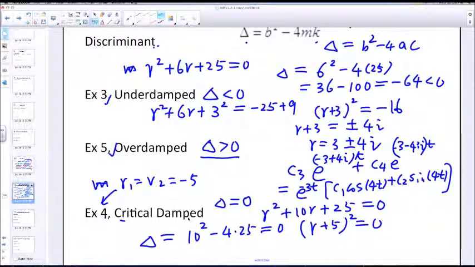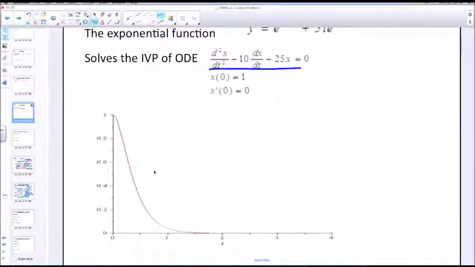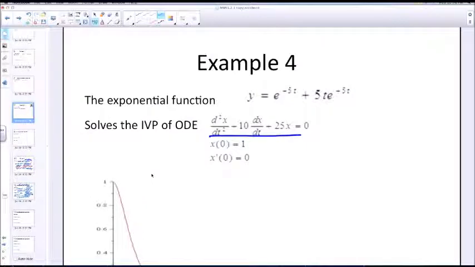So now let's go back to what you see here. You really need 2, but you only got one solution so far. So in the example I showed you, you have another one. All you need is to multiply by t, to get t times e to the negative 5t.